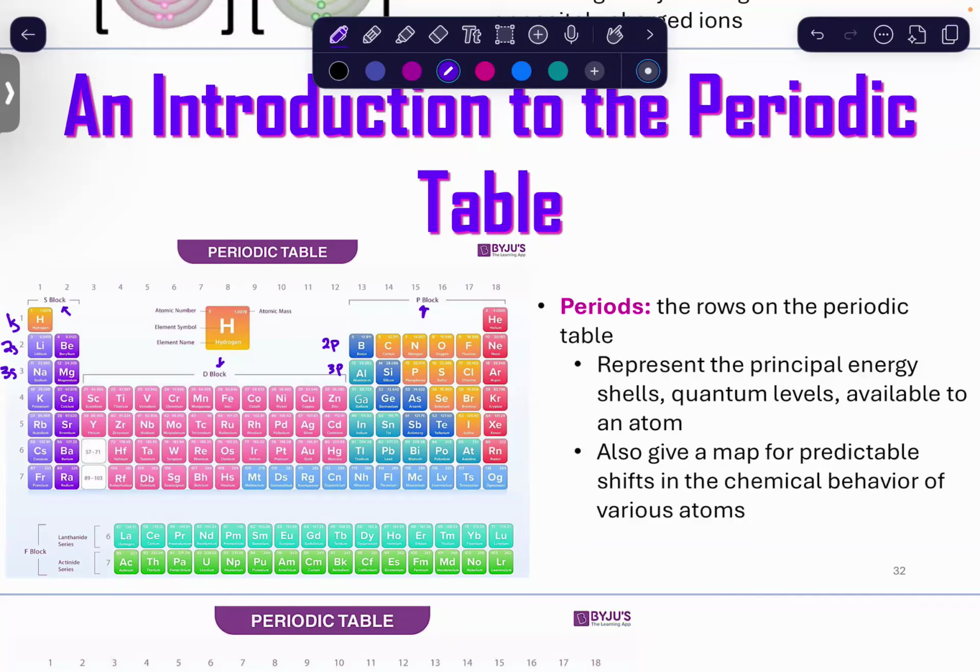The second thing rows are telling you is they're giving you predictable shifts in chemical behavior. For example, as I go left to right across the row, electronegativity increases. Fluorine is the most electronegative element on the periodic table because electronegativity increases to the right, so up and to the right.